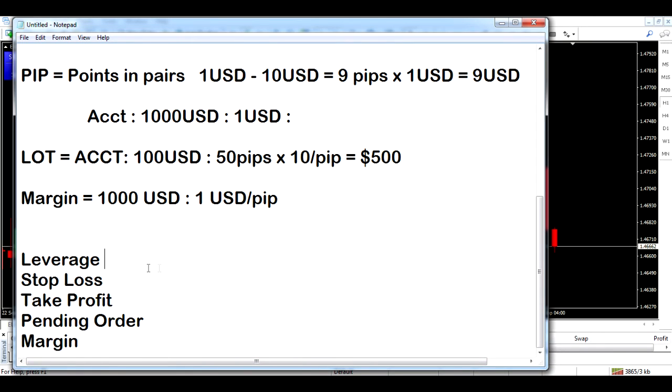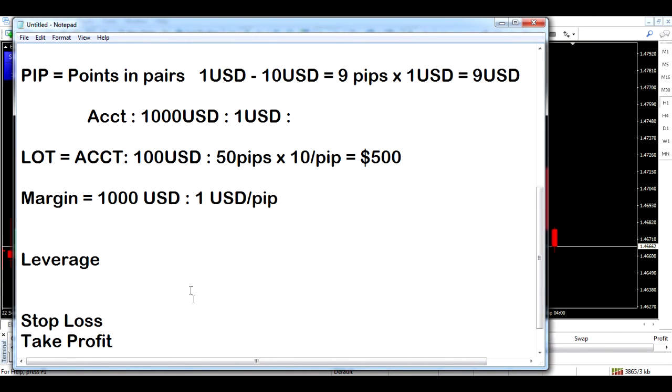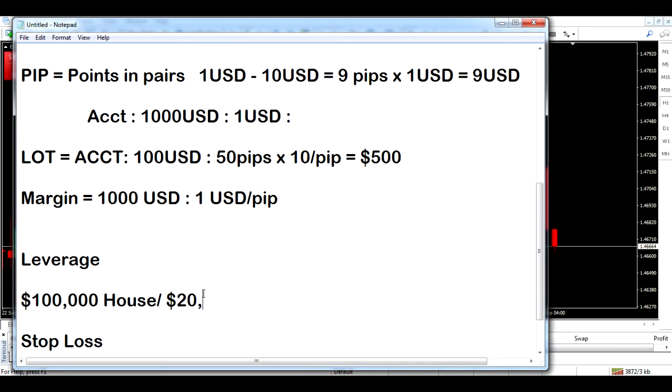Let me give you an example so we would understand. Let's say you want to buy a $100,000 house, but you only have, let's say, $20,000.